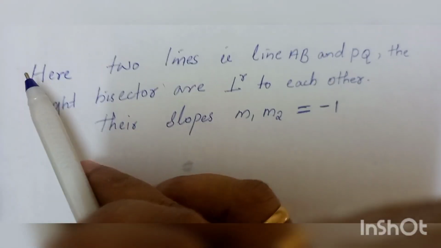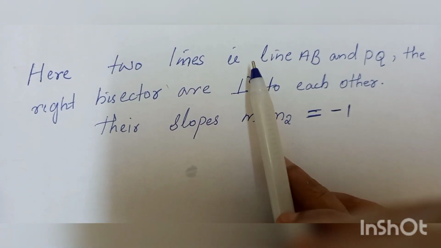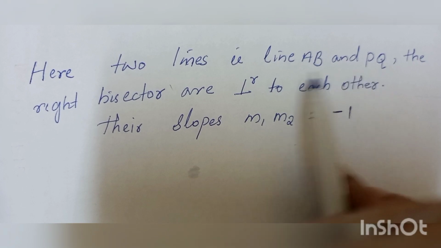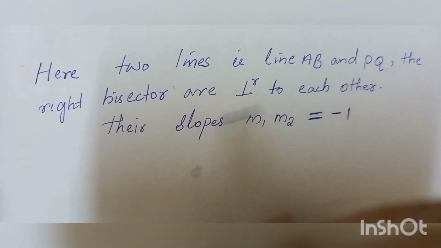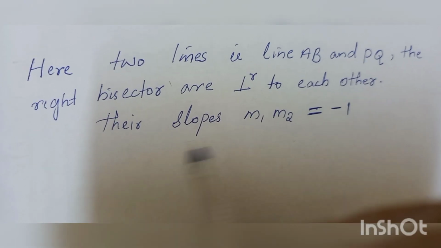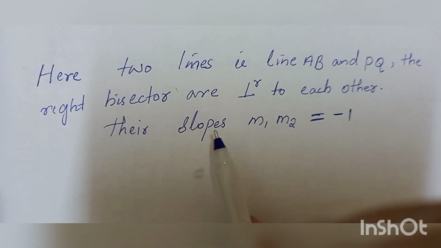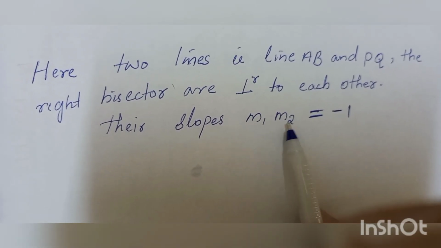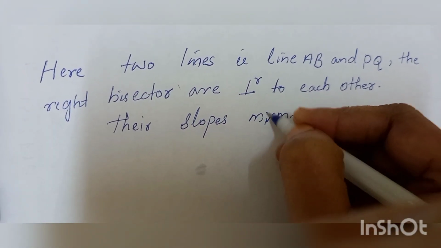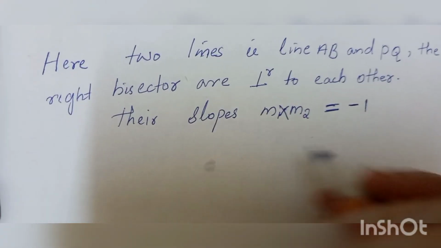Here are two lines, AB and PQ. The right bisector and AB are perpendicular to each other. So their slopes, M1 into M2, is equal to -1.